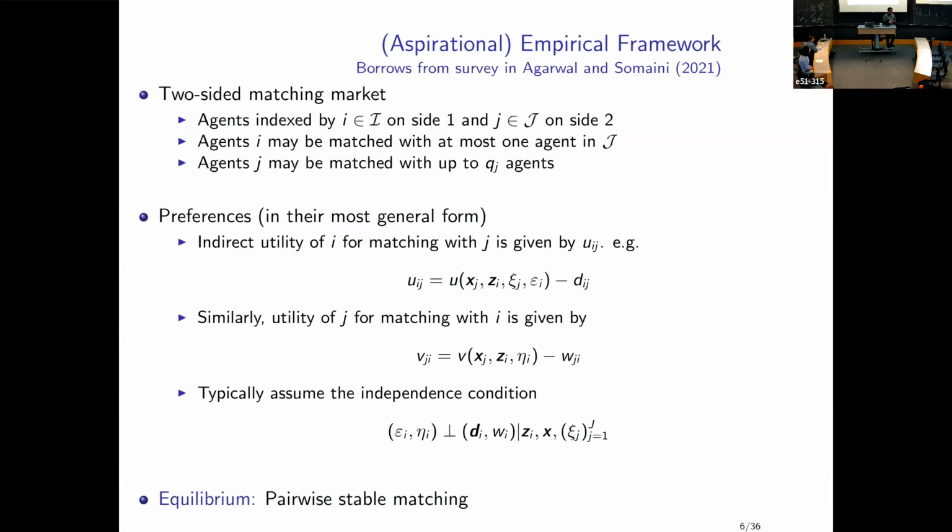I don't remember all the details, but roughly they had data for some matching dating platform where you could swipe right. Back then it was something slightly different. You could contact somebody, and based on who you contacted or did not, they estimated the preferences by saying that people who you contacted, you must have preferred to people who you didn't contact.